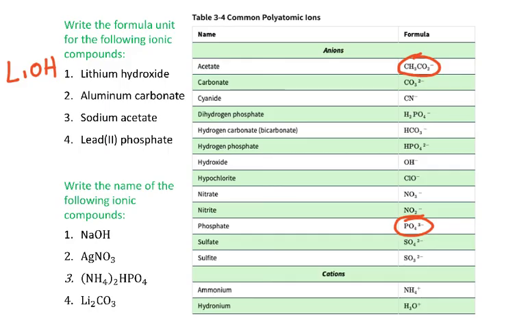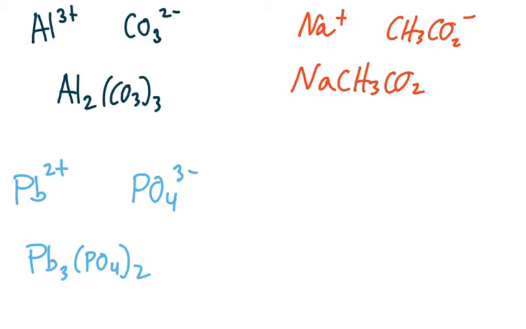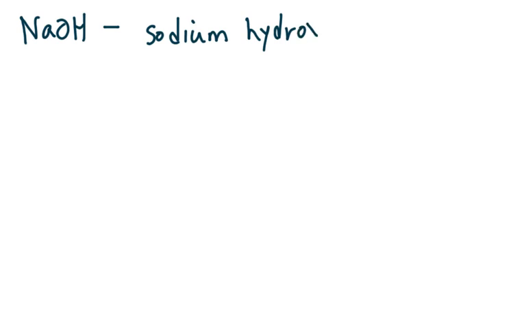All right, next, write the name given the formula. So the first one is NaOH. So OH, you might find it here as hydroxide. So NaOH is sodium hydroxide.